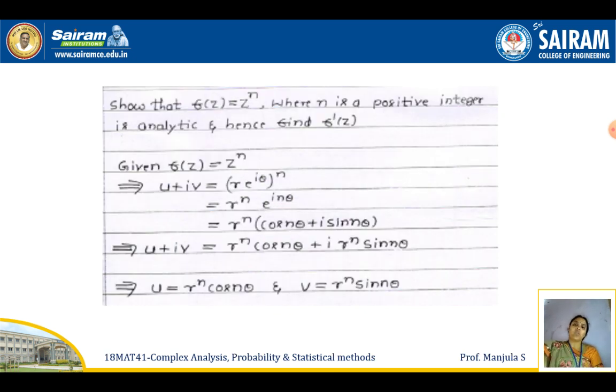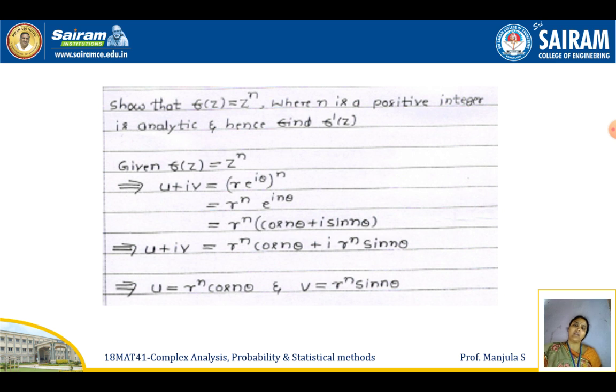One more problem: show that f of z equals z to the power n, where n is a positive integer, is analytic, and hence find f dash of z. Here f of z is z to the power n. Replace z as r into e to the power i theta, the whole to the power n. That becomes r to the power n e to the power i n theta. Expand it: cos n theta plus i into sin n theta.